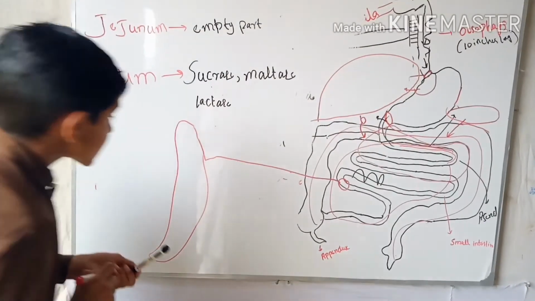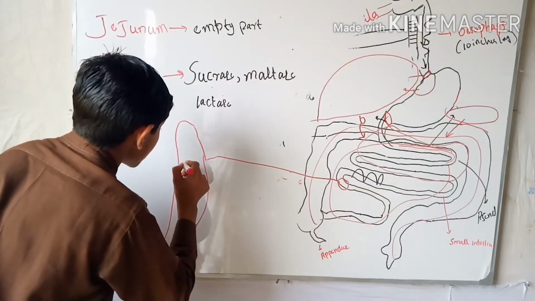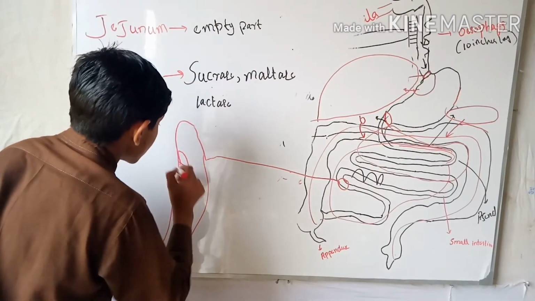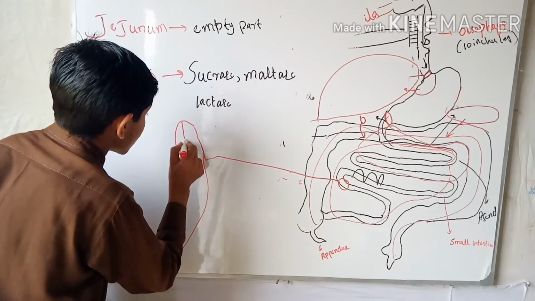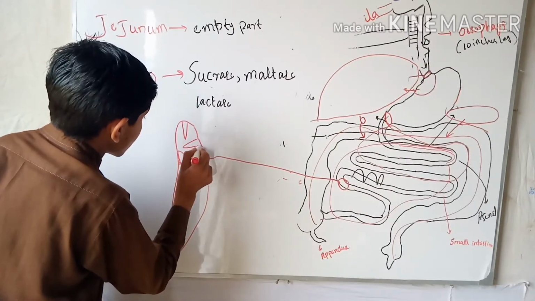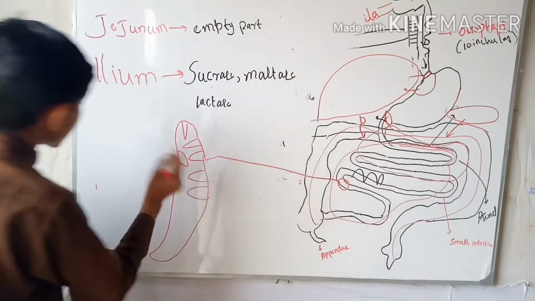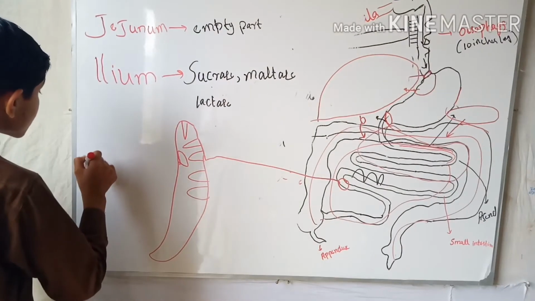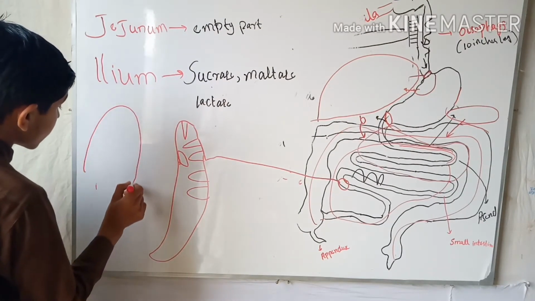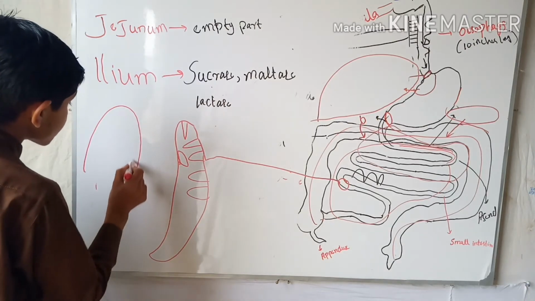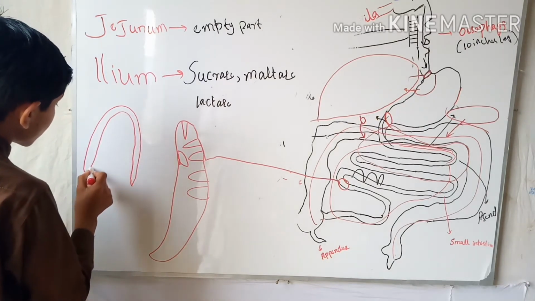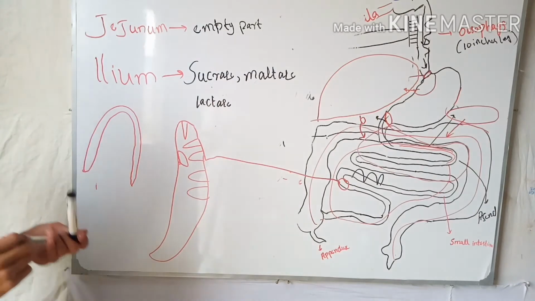It consists of these projections which are called villi. Okay, so I draw a single villus. In a single villus there is the absorption of food into blood.